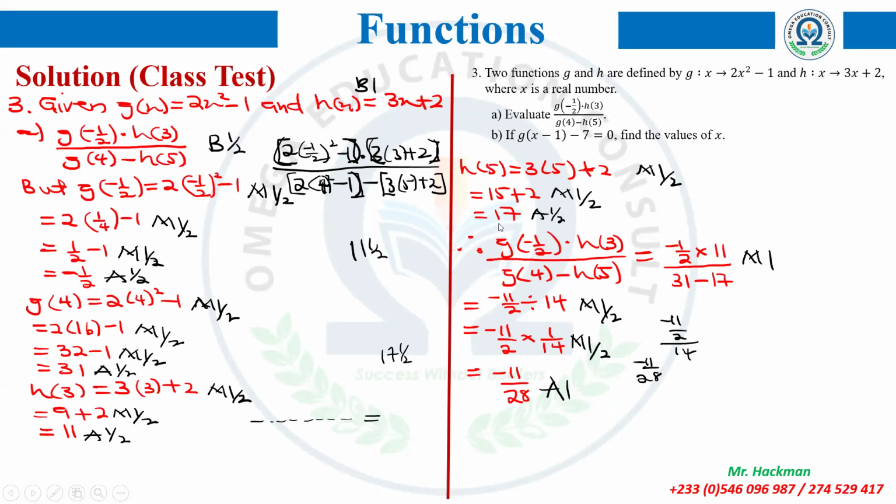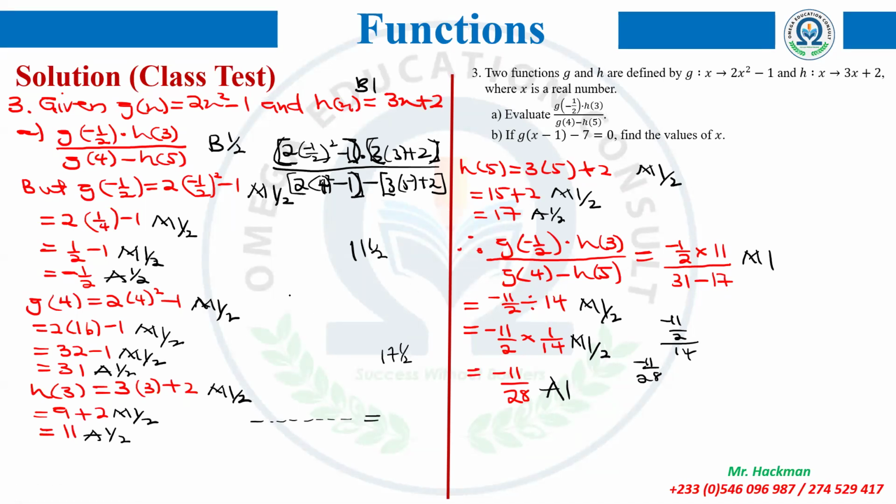What was the one after the equal to sign that was there? The minus half times 11 over 31 minus 17. Tell me what you wrote.